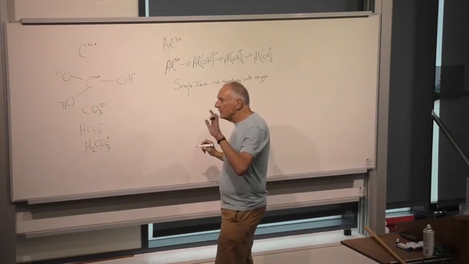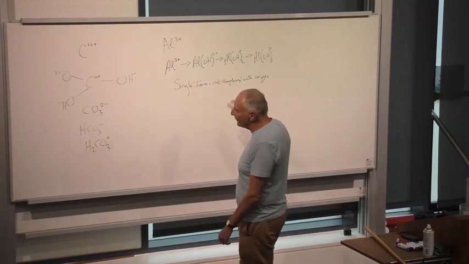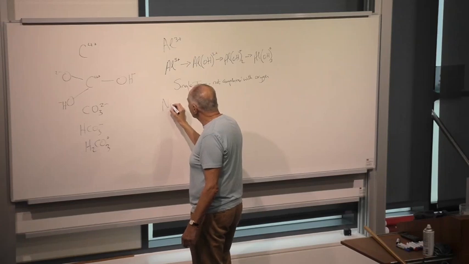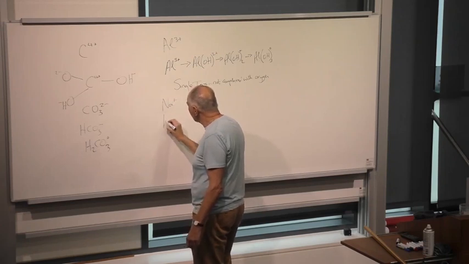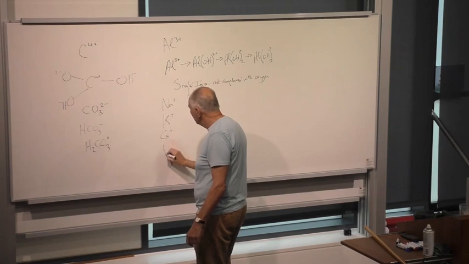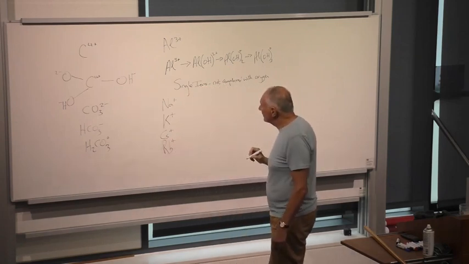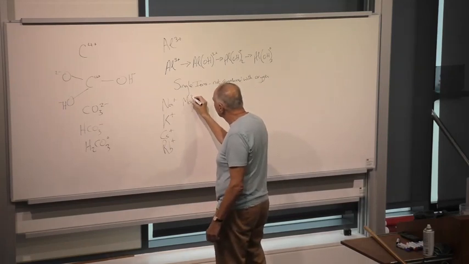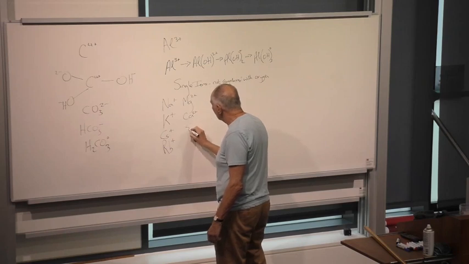So we look on the far left of the periodic table and the far right of the periodic table, and we find sodium, of course, we've already talked about, potassium, cesium, and rubidium. And in group 2, magnesium, calcium, strontium, and barium.